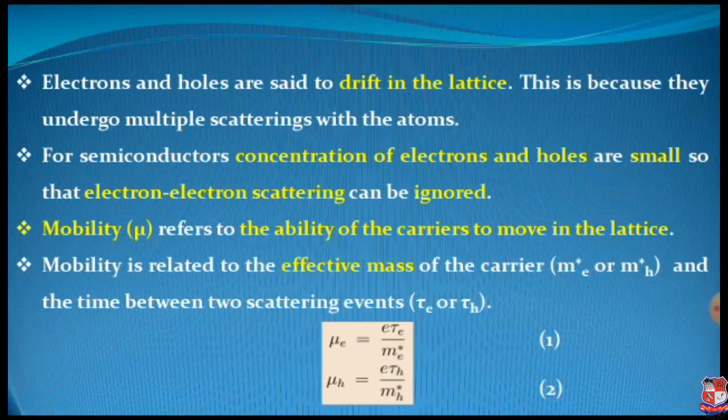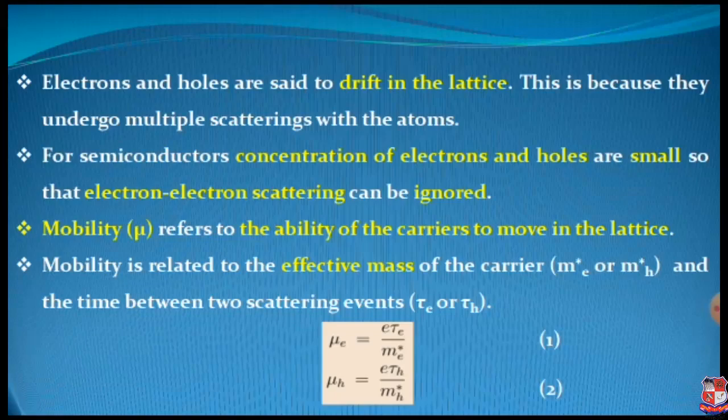So it is important that one should avoid the scattering of electrons and holes to maintain the desirable conductivity of the semiconductor. For semiconductors, the concentrations of electrons and holes are small, so electron-electron scattering can be ignored.